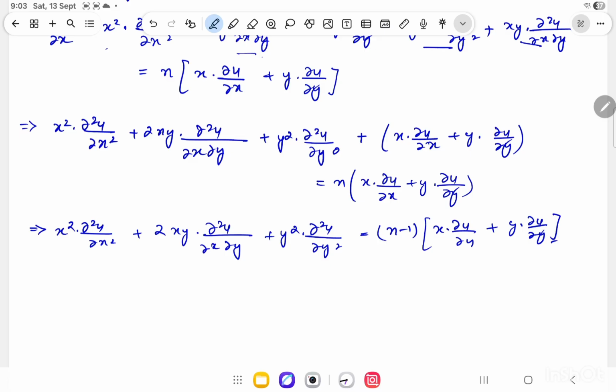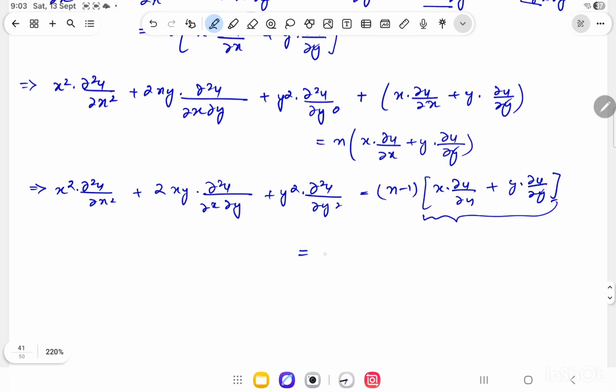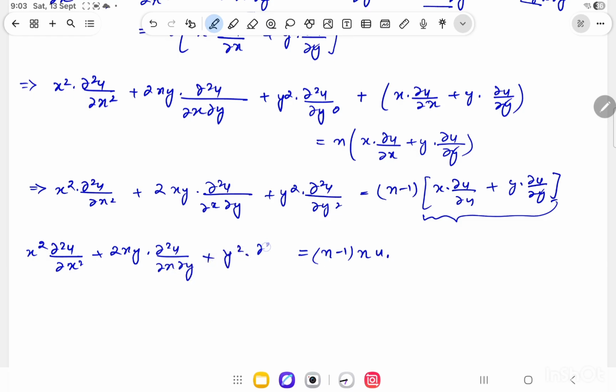But using Euler's first theorem, this thing is equal to nu. So we basically get n minus 1 into nu, and this proves our Euler's second theorem.